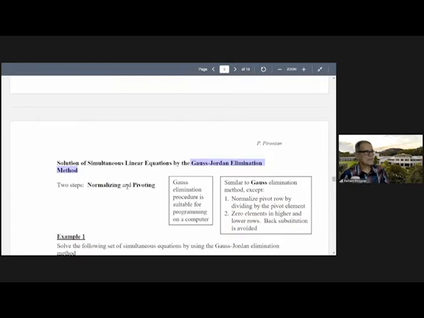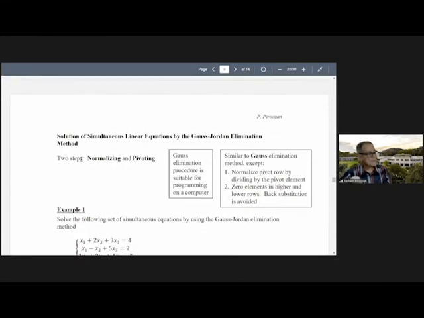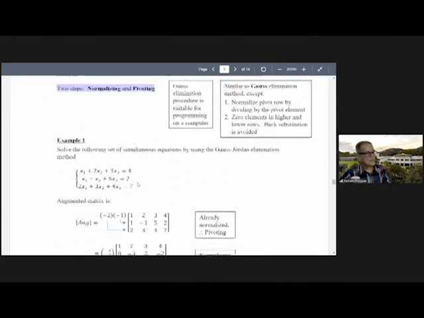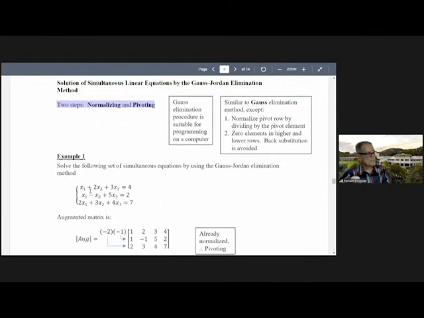You possibly had Gauss elimination previously, but Gauss-Jordan elimination is a continuation of Gauss. So if you had Gauss before, then we are going to continue with Gauss-Jordan. By this method, we solve a system of equations in 2 steps, normalizing and pivoting. So look at an example problem here: 3 equations, 3 unknowns.